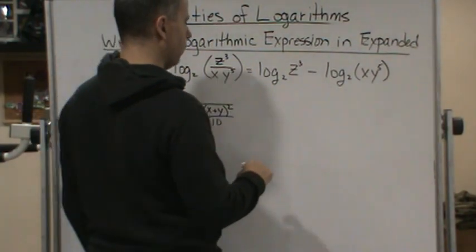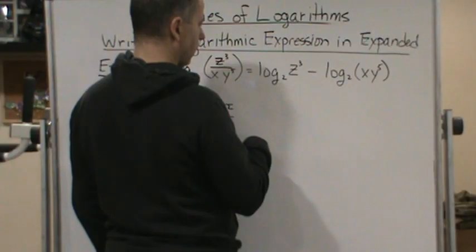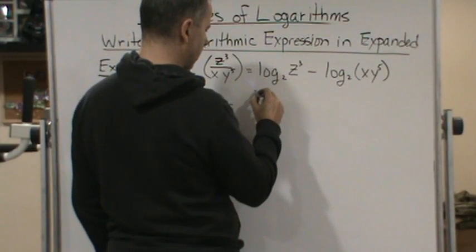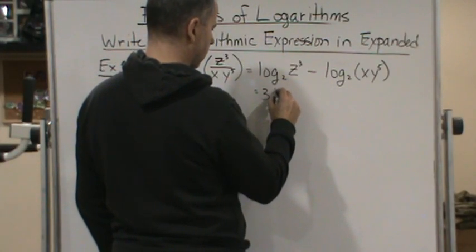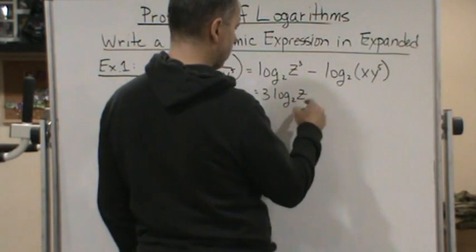And now I'm going to use the power property here, pull the 3 out, so this is going to be equal to 3 times the log base 2 of z.